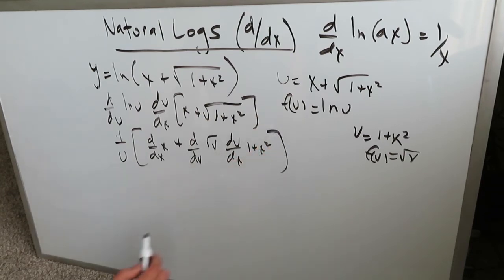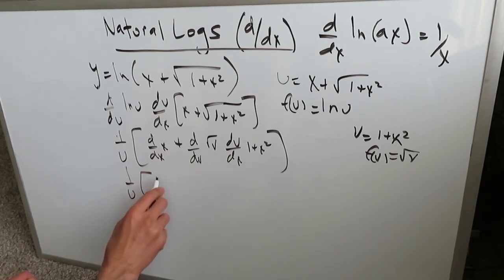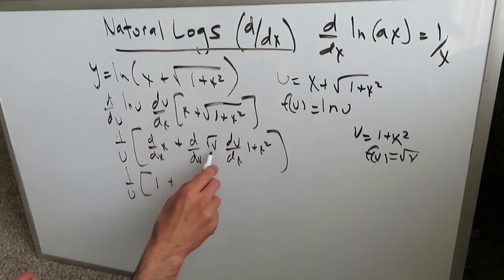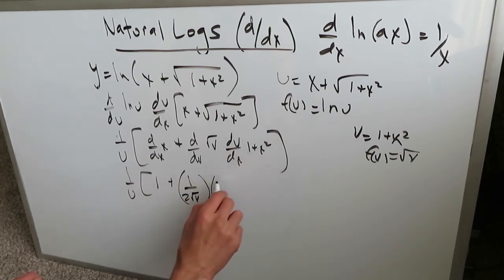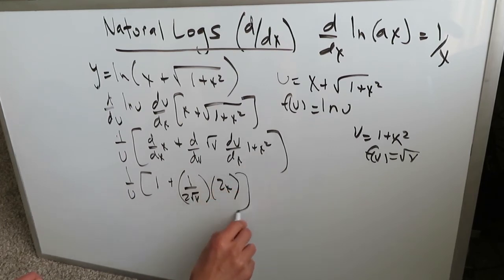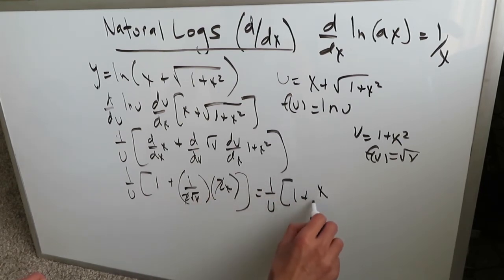Now let's see what happens over here. We have 1 over u, the derivative of x is just a 1, the derivative of root v is 1 over 2 root v, and the derivative of 1 plus x squared is just 2x. Now look over here, the 2's can cancel out. You can end up here with 1 over u times 1 plus x over root v.